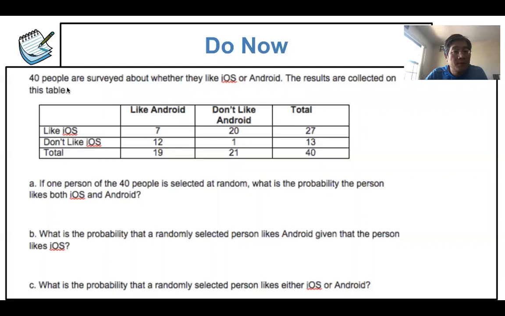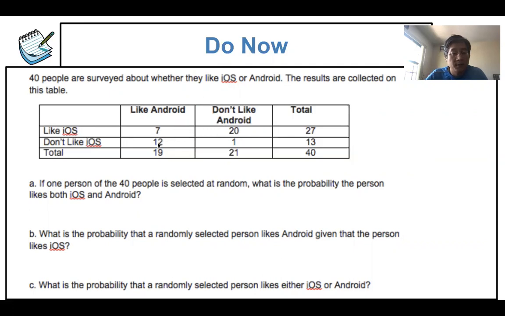If 40 people are surveyed about whether they like iOS or Android, the results are collected on this table. So 7 people like iOS and also like Android, right? How about these 20? These 20 people like iOS but don't like Android. So total 27 like iOS.